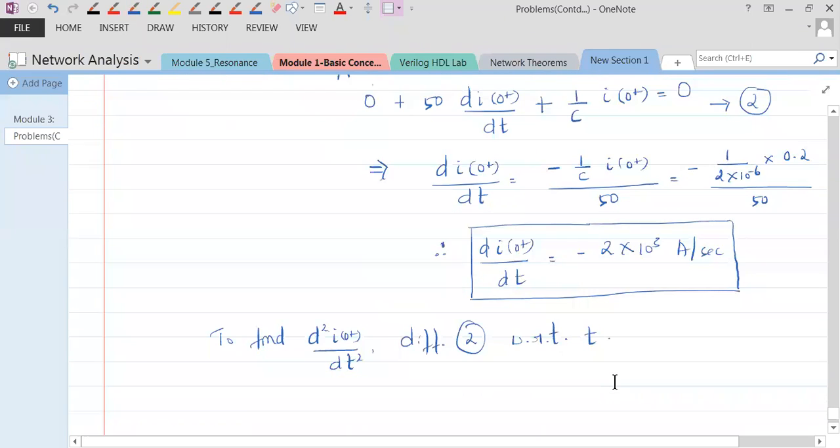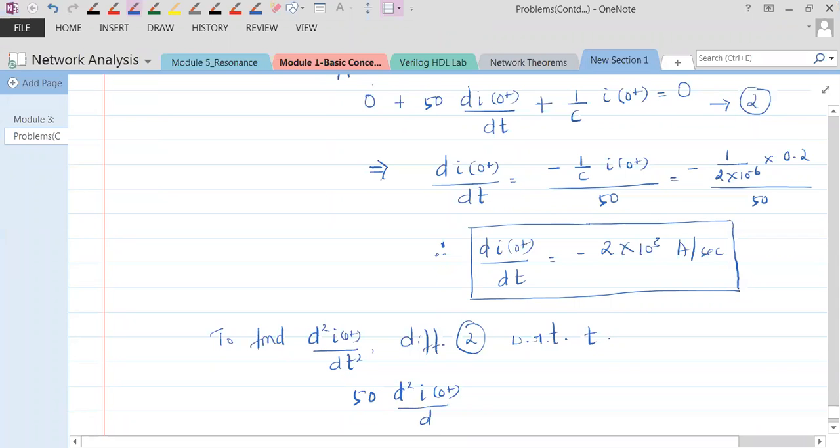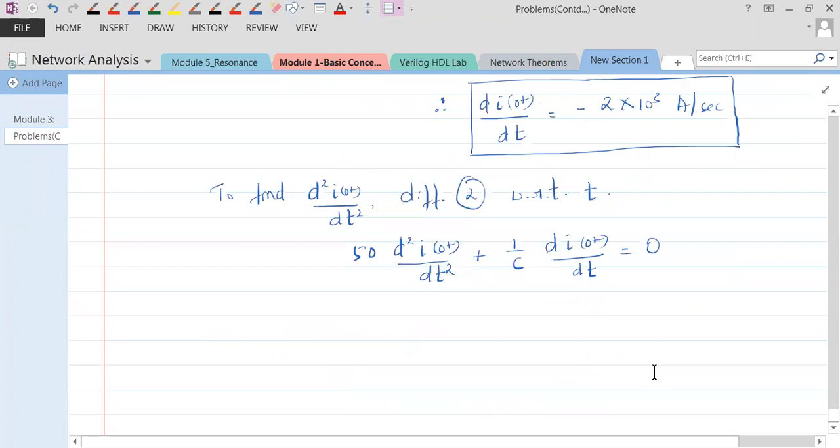If you differentiate 2 with respect to t, what are we going to get? We're going to get 50 into d square I of 0 plus by dt square, plus 1 by c times di of 0 plus by dt, equal to 0. So from this we can find the second order differential.